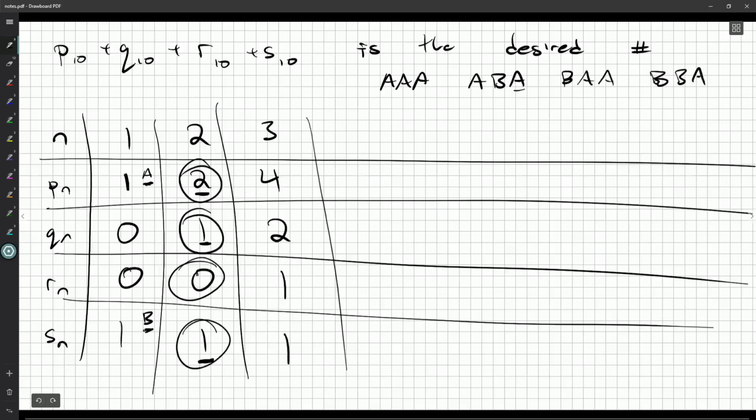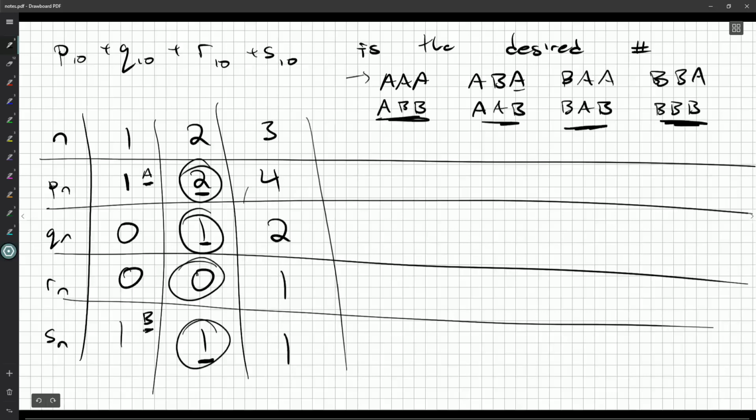Okay? So there's 8. And if we look at the 8 possible strings, we have split them up in just the right way. So there's the 1 down there for Sn, these 4 for Pn, this 1 for Rn, and these 2 for Qn.